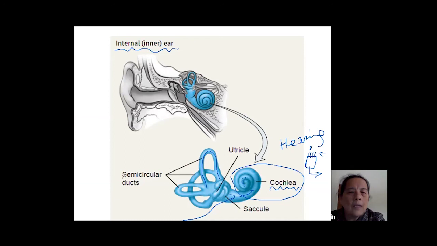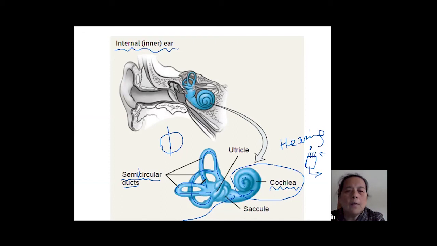Another part of the inner ear we call semicircular: semi means half, circular like a circle. A half-circle duct. So basically we have three. These three go in different directions. And we also have liquid, basically lymph liquid, that goes into these circles.